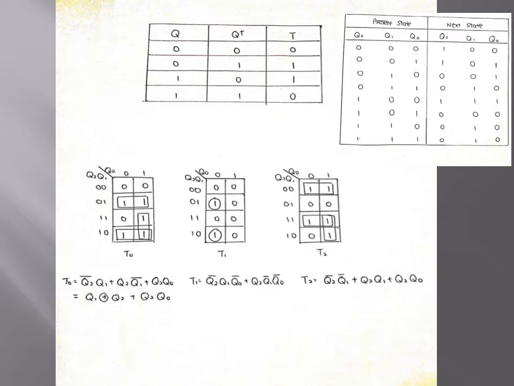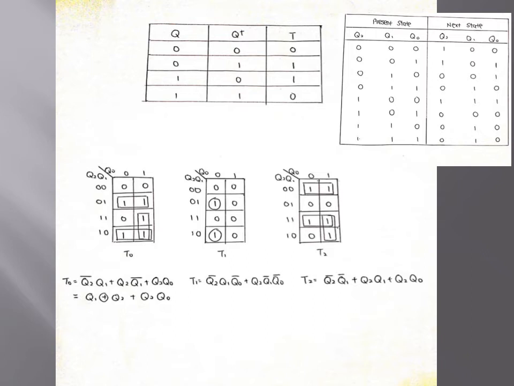Okay, so after this, we can form groups. We choose the ones, right? So we form 3 groups here. This is like what we do in the K-map. So after we choose 3 groups here, we can do the equation. The T0 equation is Q2 bar Q1 plus Q2 Q1 bar plus Q2 Q0.